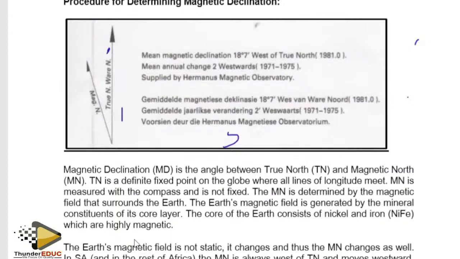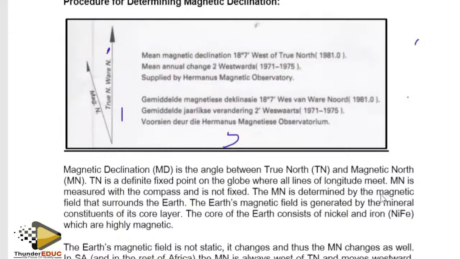There is a question that also came across, which was saying why is the magnetic north and the magnetic south keeps on changing? The magnetic north and the magnetic south keep on changing because it depends on the magnetic field that surrounds the earth.